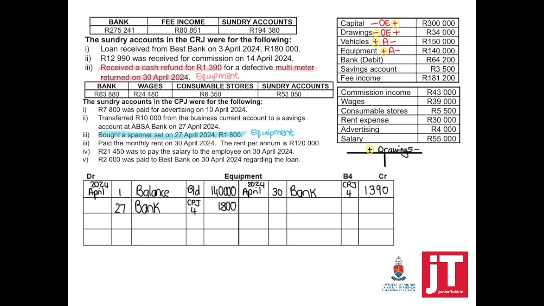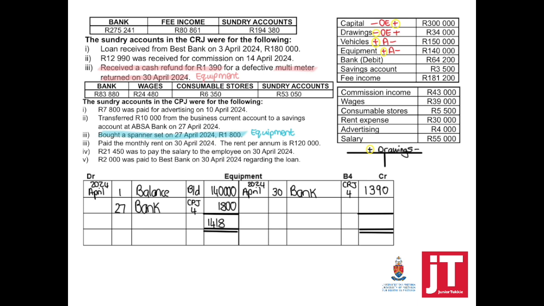The third step is to close off the account at the end of the month. To close this off, it means that we need to balance this account. Always check which side of the account is the highest, has the most numbers or the highest numbers, because that's where we need to start adding. So it's clear that the debit side is more than the credit side.